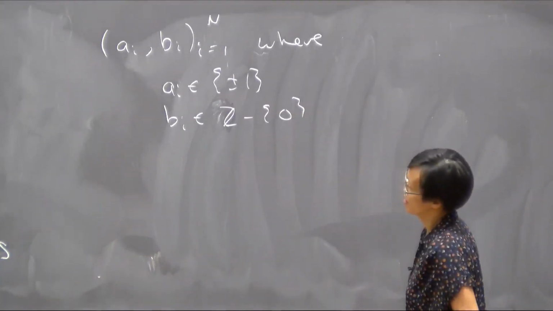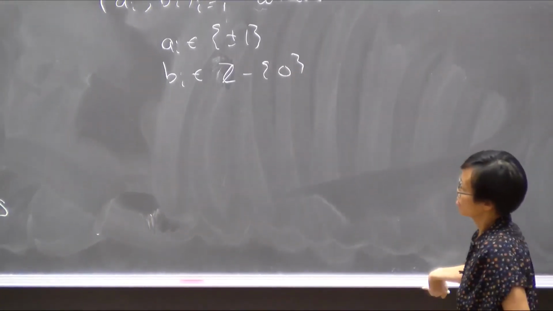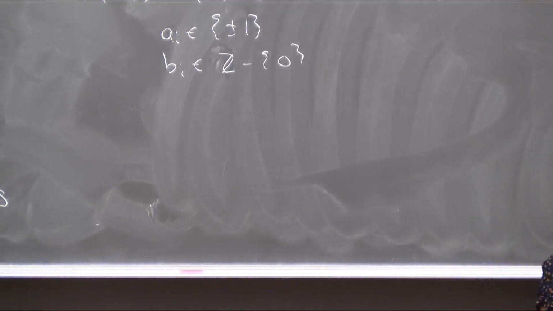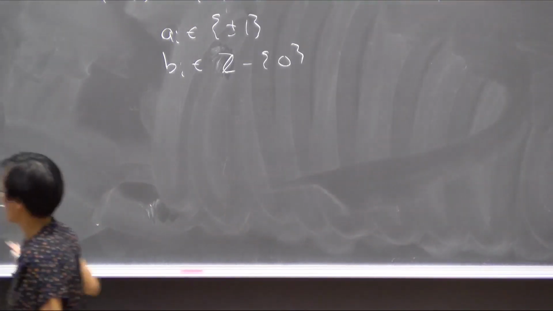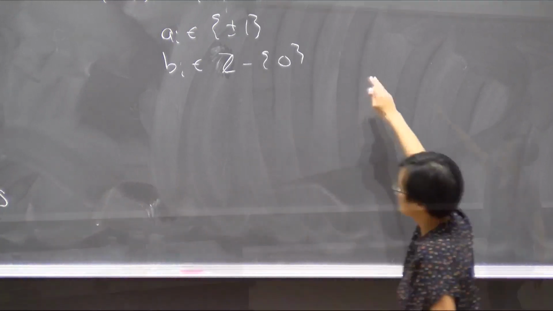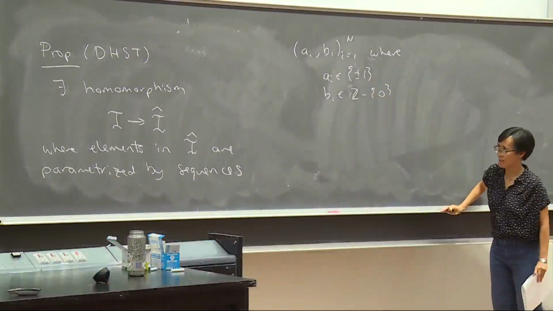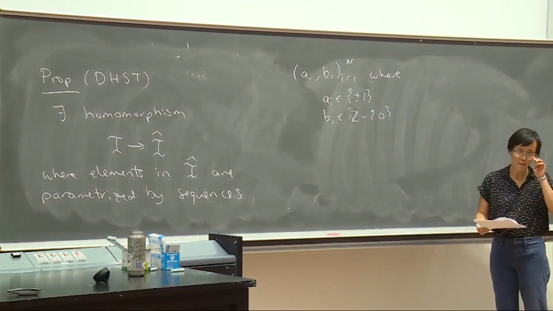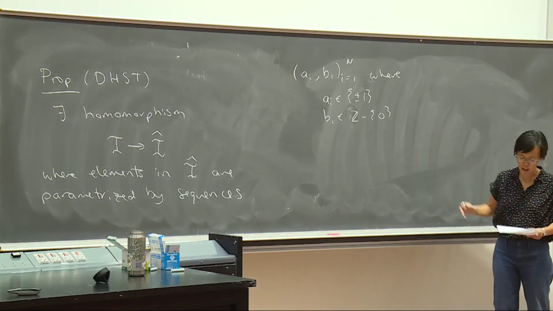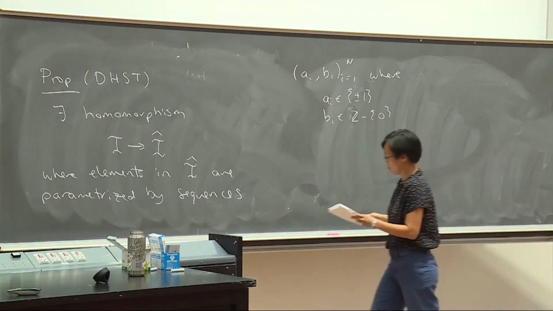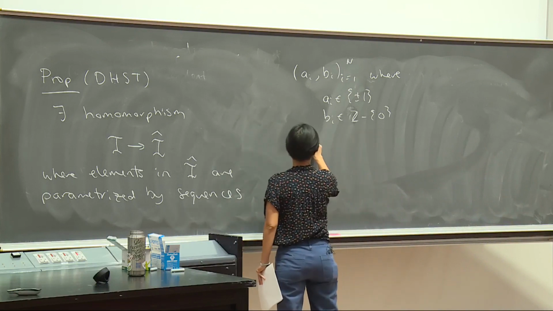Great. So instead of studying this group I, we're going to take this homomorphism to this group I hat, where I hat, as a set, we understand. Well, a group is a set together with a binary operation, so maybe you're wondering what the operation looks like here. Let me give you some examples.